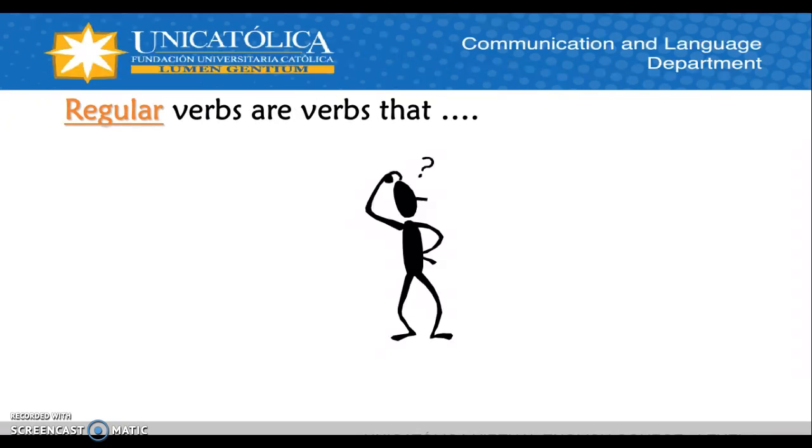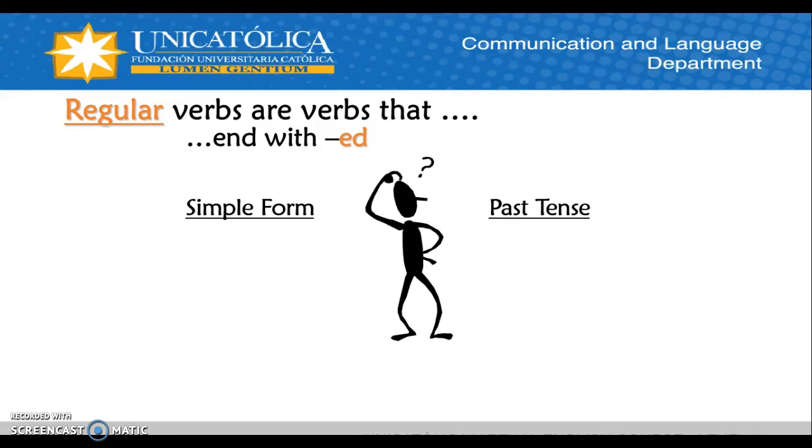So, regular verbs are verbs that end with ed. Look, simple form, past tense: walk, study, cry, live. Okay? So now, those verbs are in infinitive. That means present.